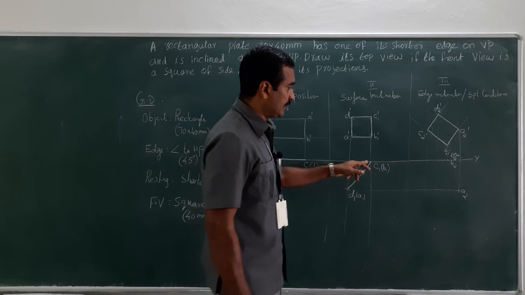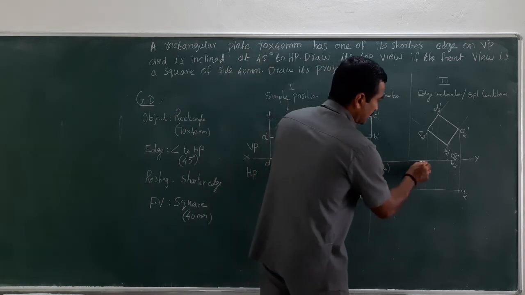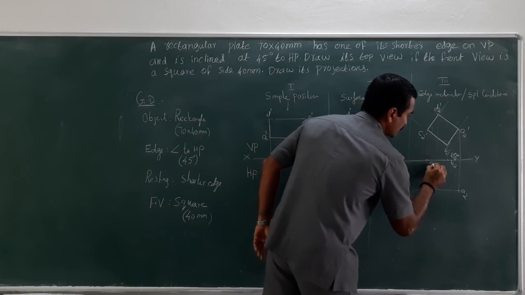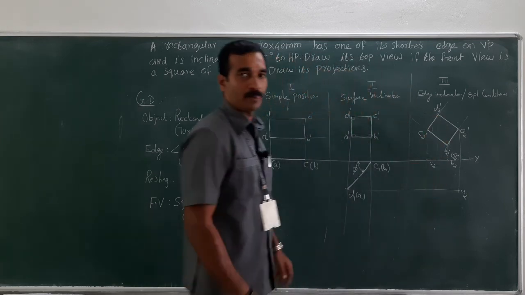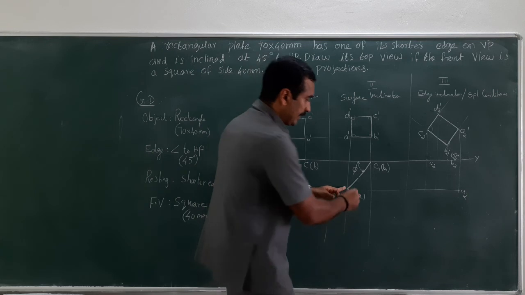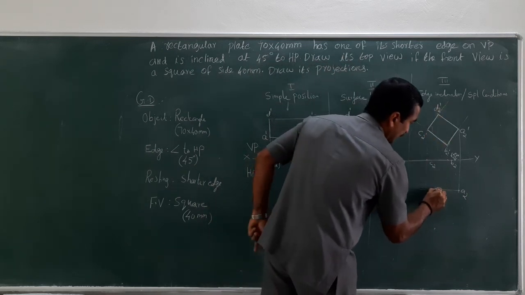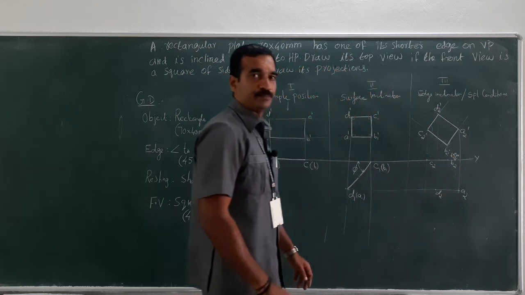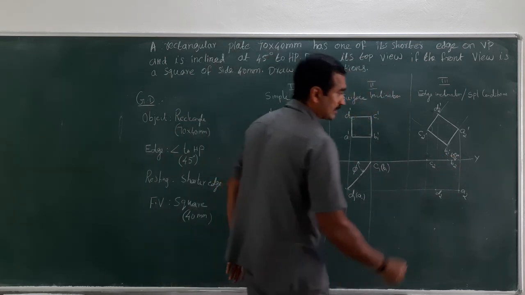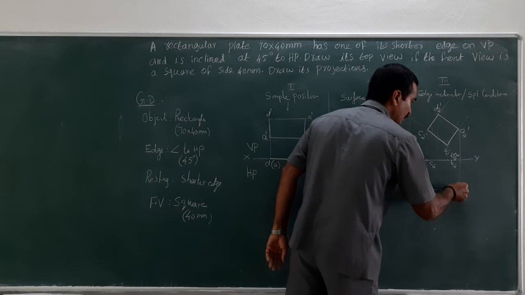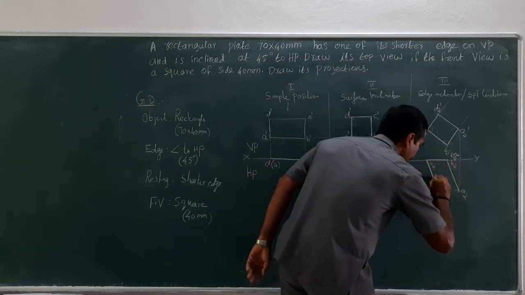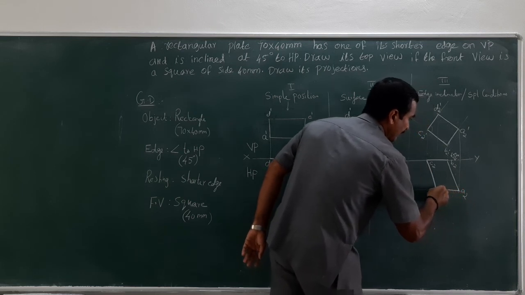And C horizontal projector is here, this becomes C2. D horizontal projector and vertical projector is here, intersecting here, and this becomes D2. Now connect all the sides, A to B, B to C, and C to D, and D to A.